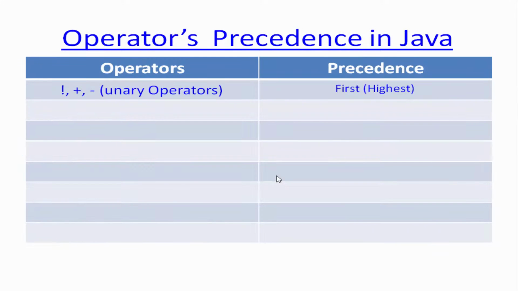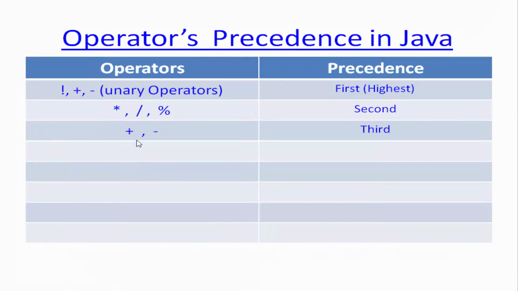The highest precedence is of unary operators. These operators, like plus plus or minus minus or the concatenation operator, have the highest precedence, and in an expression these operators will be calculated first. Then the second precedence is of multiplication, division and modulus.